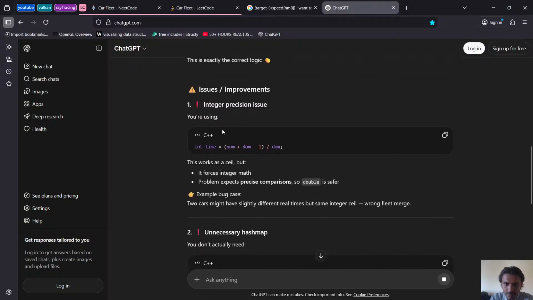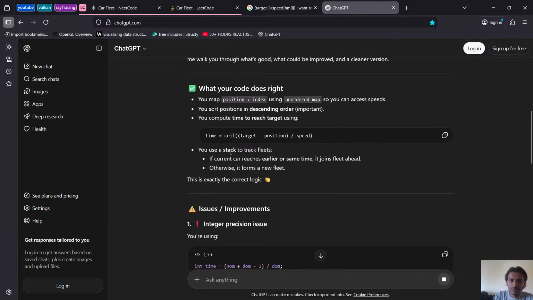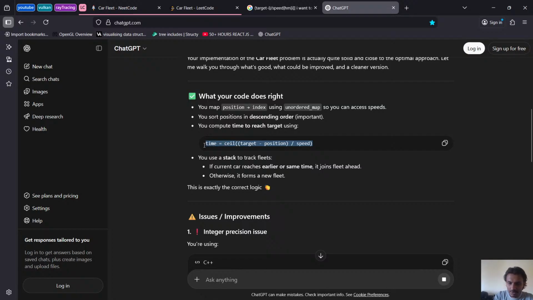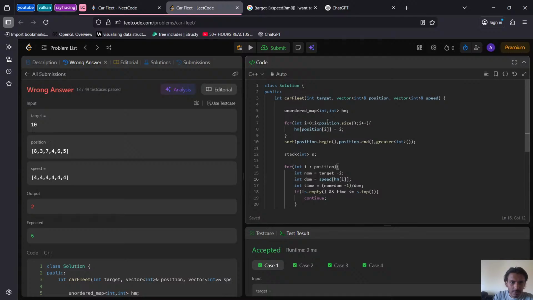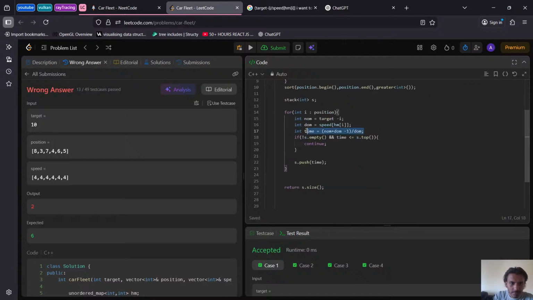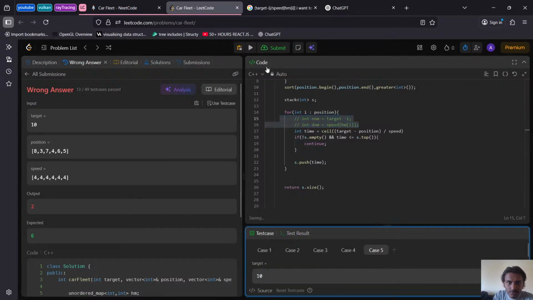It is exactly the correct logic. The issue is in this part. So we need to use this. Let's copy it and paste it here. Let's comment this out and use this test case.